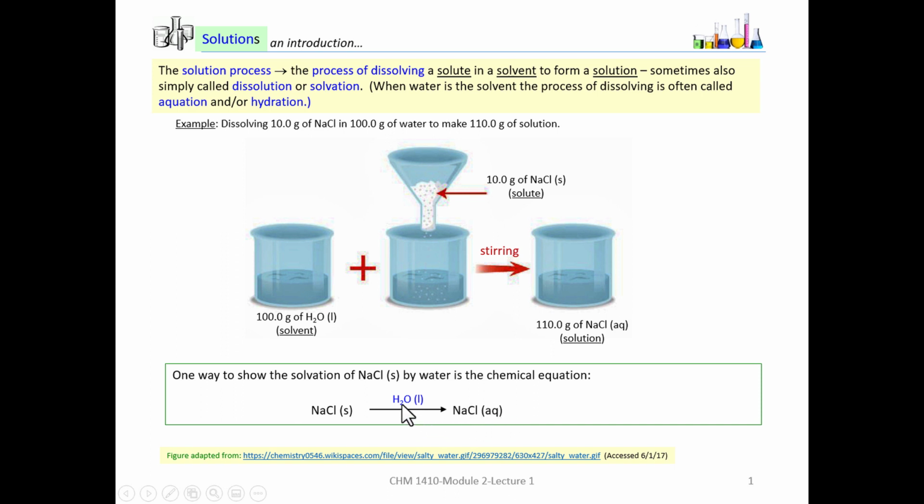Here we don't really know where to put the water in the equation, but we want to tell the reader that the solvent is water. We kind of know that because this says aq, which means dissolved in water. But sometimes we emphasize that by putting H2O liquid over the arrow just so everybody knows the solvent was water.